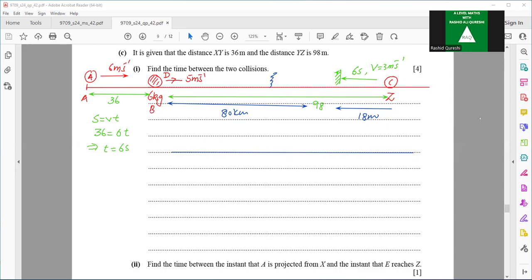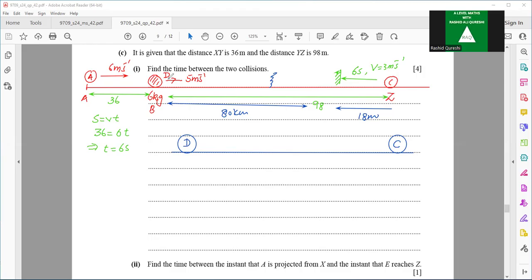The first particle is D over here, and we have this one as particle C. That particle is D, and that particle is C.